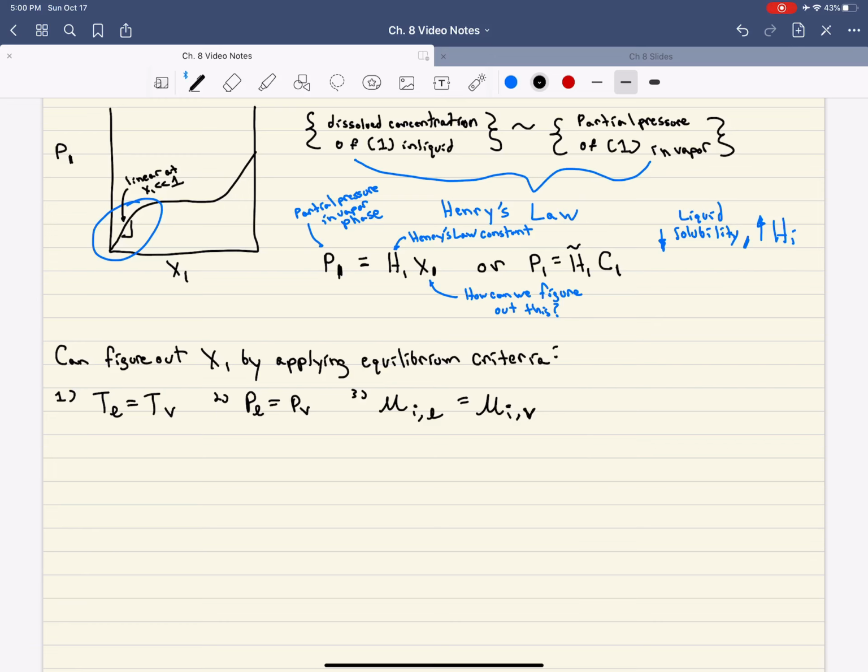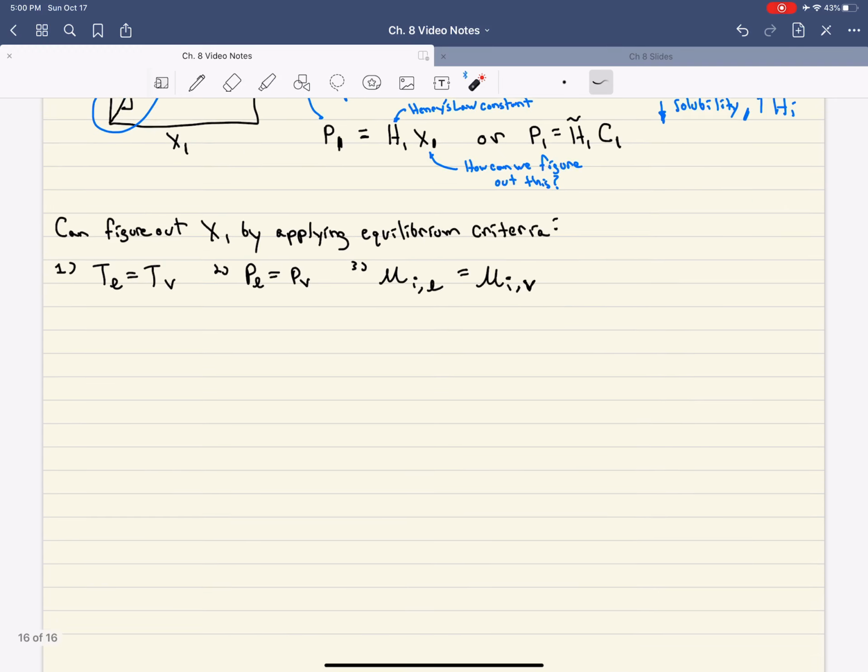Be very careful about this one. It's not saying the chemical potentials of the two different species are equal. It's saying that the chemical potential of one species in the liquid phase is equal to the chemical potential of that same species in the vapor phase.